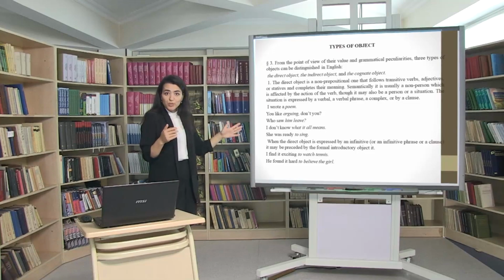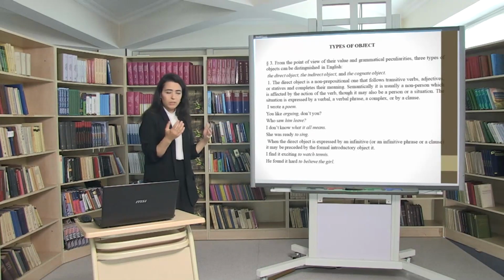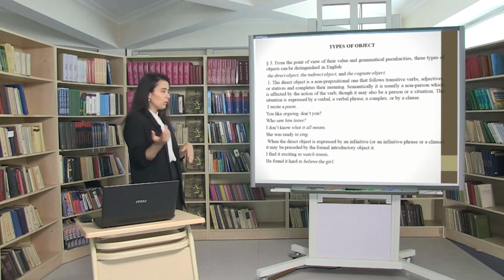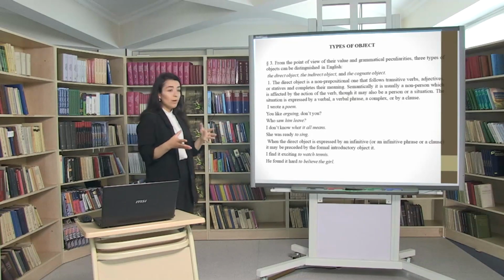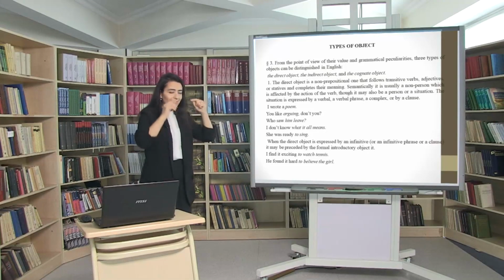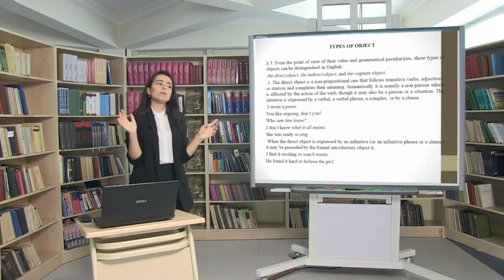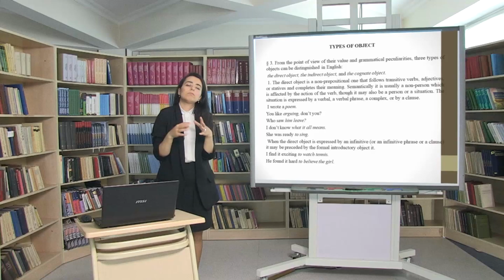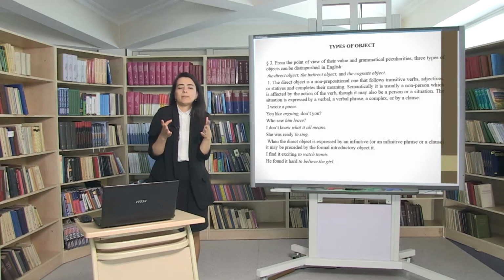Then, when the direct object is expressed by an infinitive or an infinitive phrase or a clause, it may be preceded by the formal introductory object it. You know that it can be used as an independent part of the sentence.